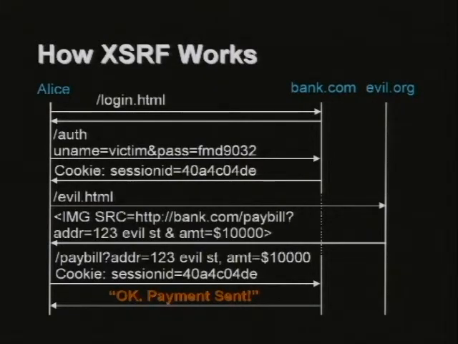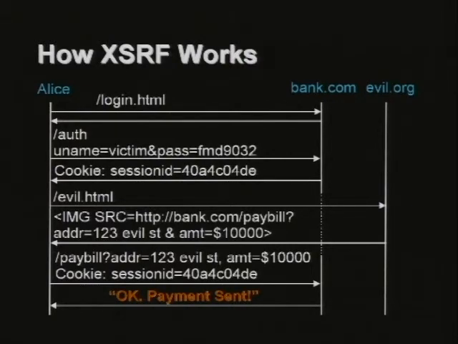Alice's browser goes ahead and passes the cookie. Bank.com receives the request and sees a valid session ID and sees a request from Alice to pay a bill to the attacker, and goes ahead and does so, because it looks like a completely authentic request. So it says, okay, payment sent, done. So Alice just got duped out of $10,000 due to this cross-site request forgery attack.